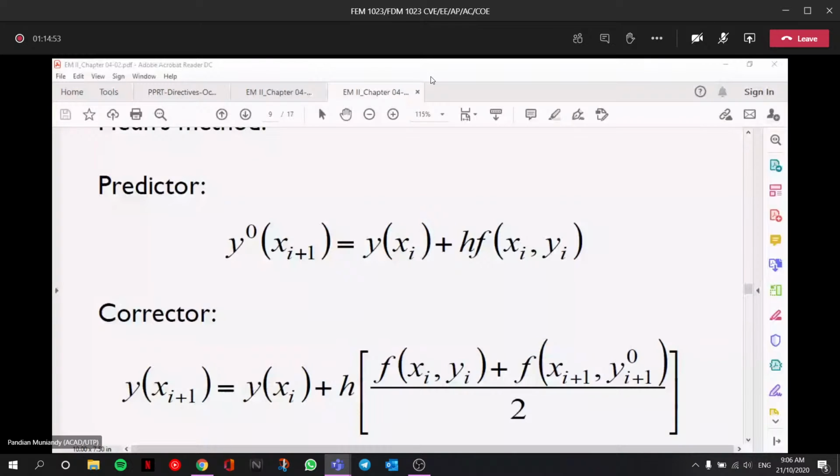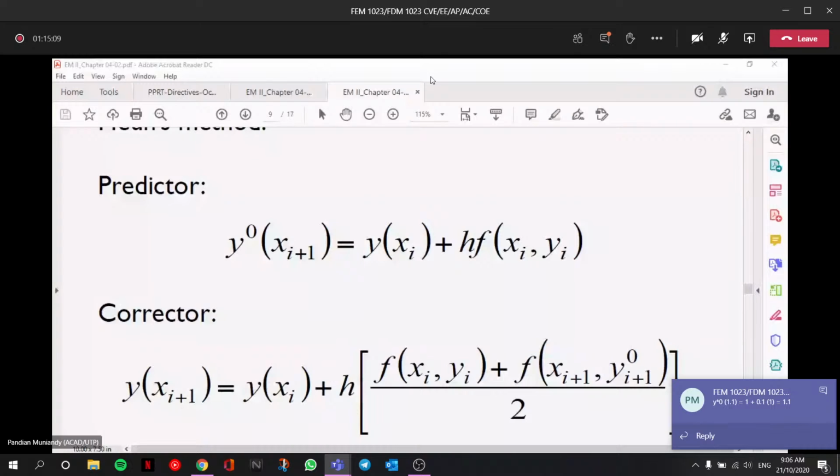0.1 multiplied by 1. So the answer is 1.1. Can you get this first? This is y superscript naught at 1.1. y1 is given already, 1.